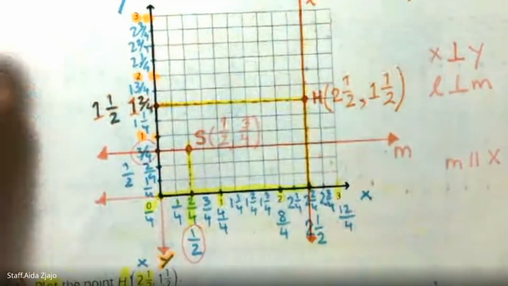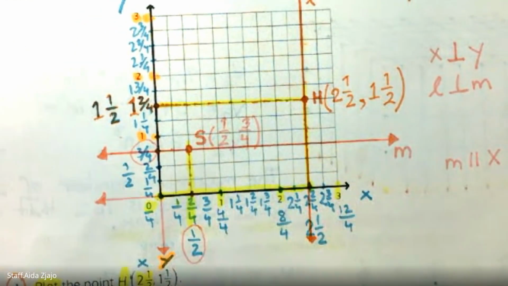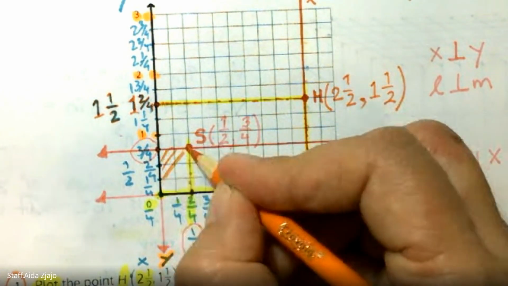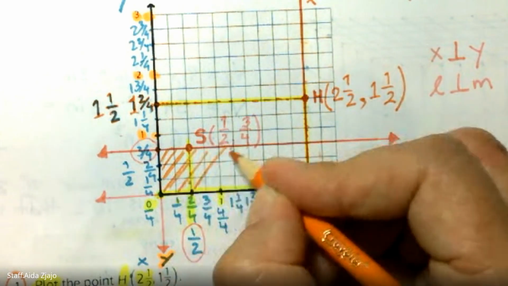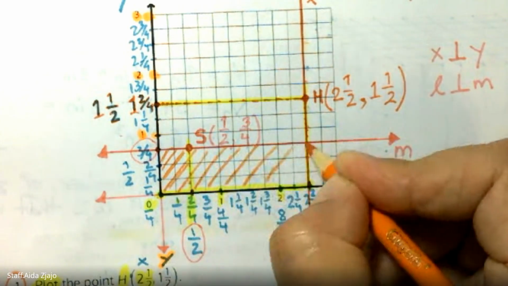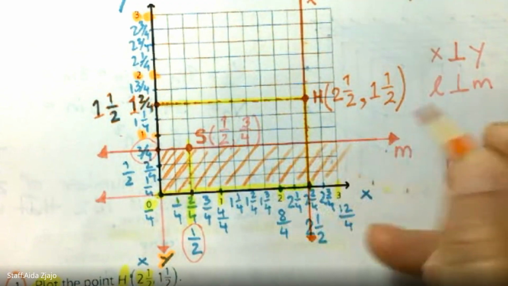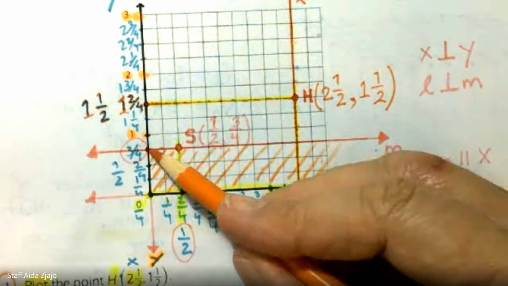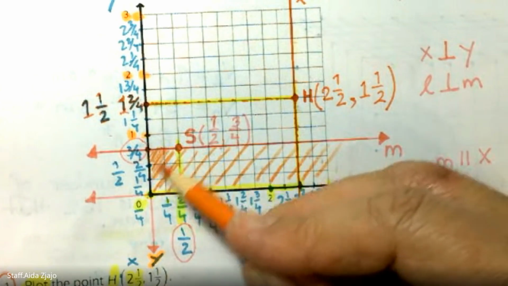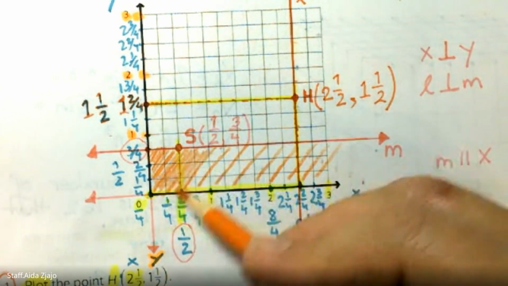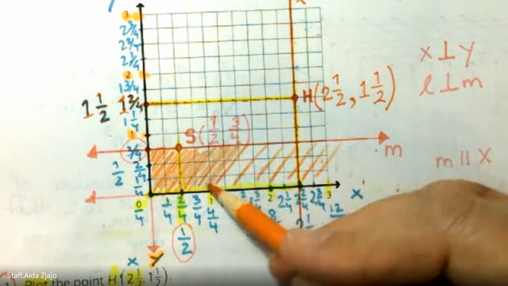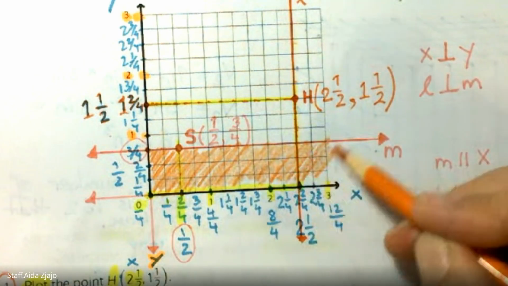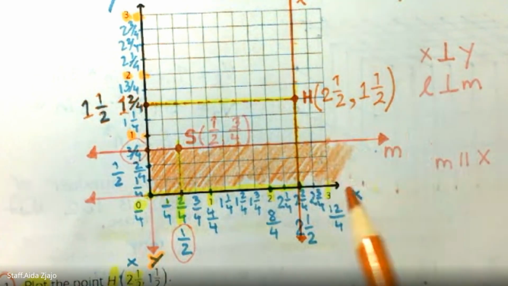So I would say let's use that orange. Everything that is less than 3/4 from the x-axis, we can shade orange.